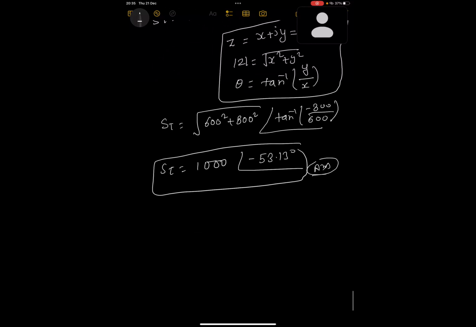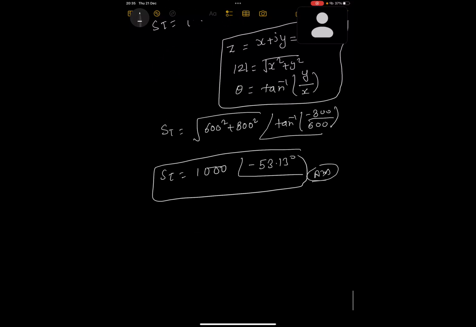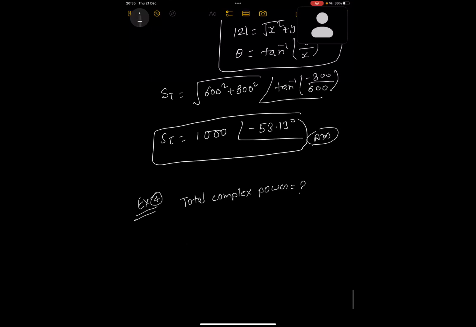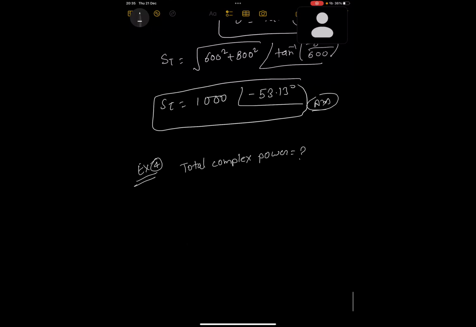Okay. Now I'm going to explain the next example. Total complex power of 3 loads is given. We have to find out what is the total complex power. We have to calculate it. 3 loads are given.